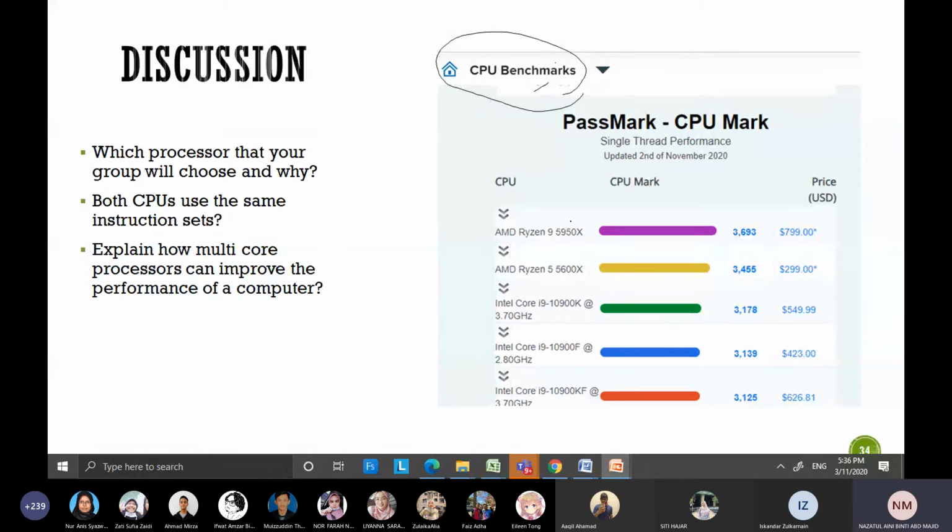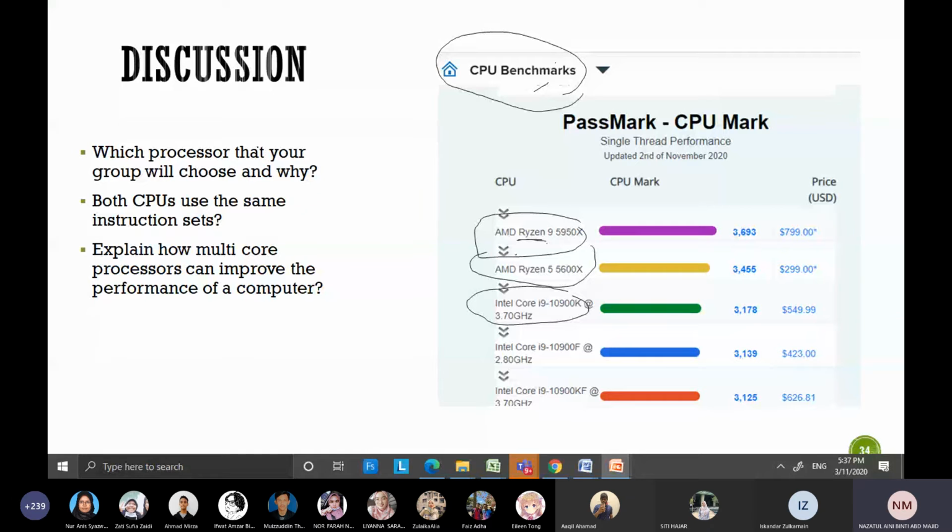Do any of you use AMD? From this, the top one is Ryzen. When you compare it to Intel Core, the CPU mark is higher than the Intel Core.